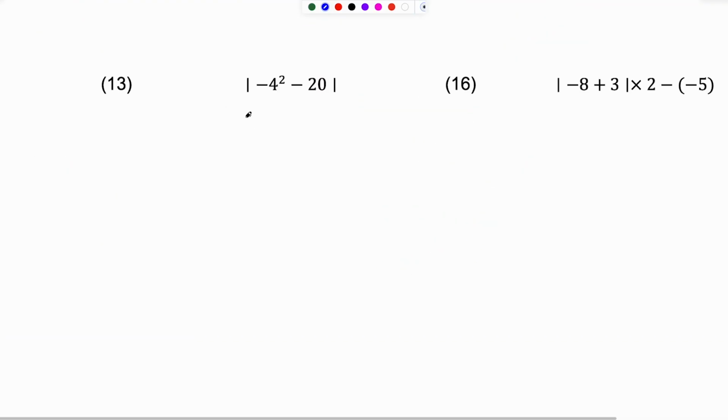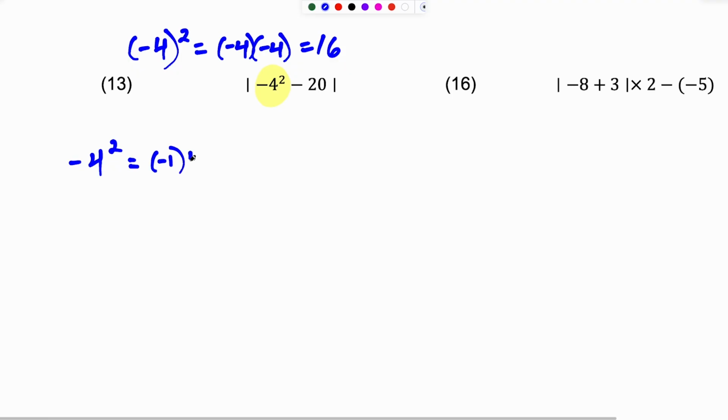Question 13, we have absolute value of -4 squared minus 20. And the first thing we should notice here is that the -4 squared does not have parentheses. Remember, -4 squared in parentheses is equal to +16, because -4 times -4 is equal to +16. But when we have something like this, -4 squared without parentheses, we have -1 times 4 squared, and we do the exponent first.